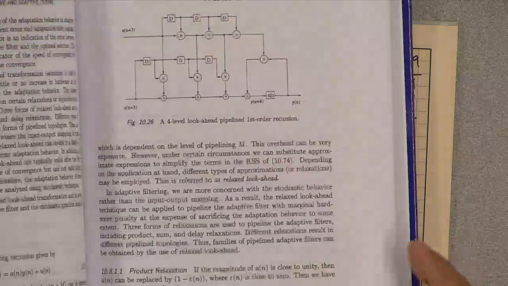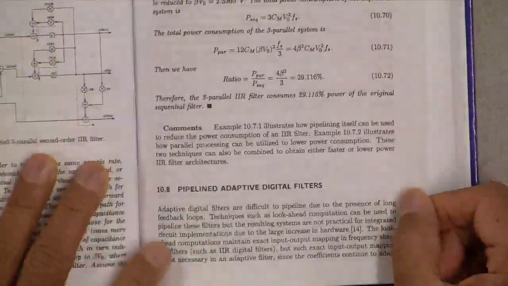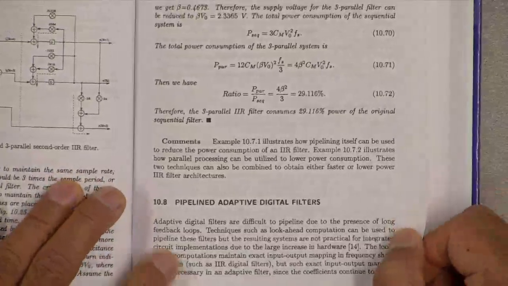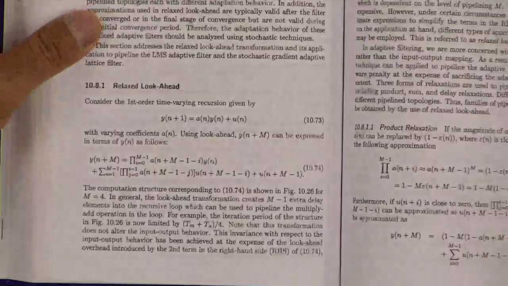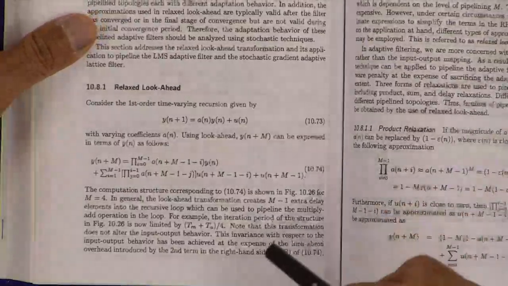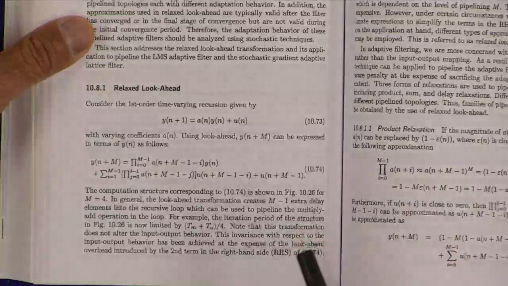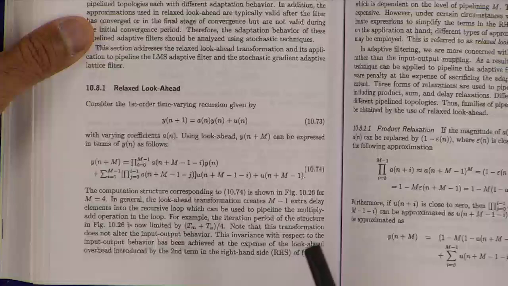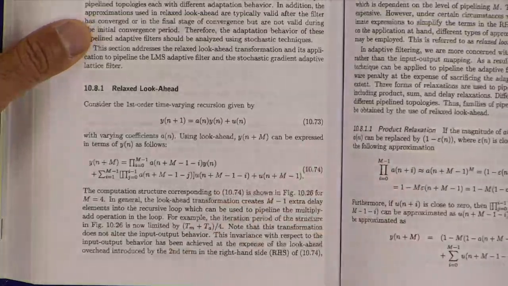If we start with section 10.8, pipelining these adaptive digital filters, the first thing that we can do, okay, I have run out of time, so maybe I'll quickly go through this next class, and then we'll jump into more complex adaptive filters, namely decision feedback equalizers and how those could be pipelined. We'll talk about that next class.